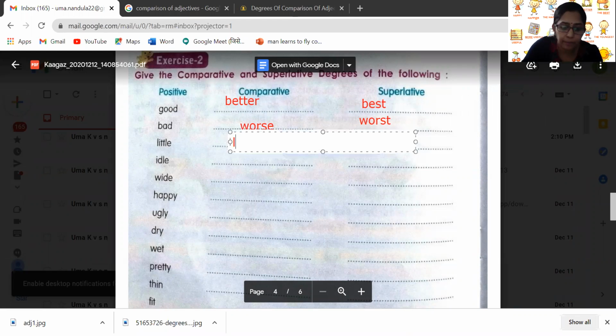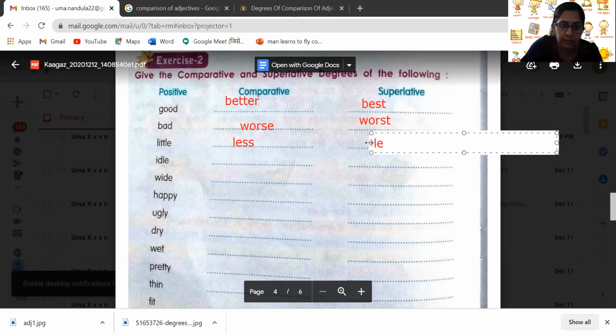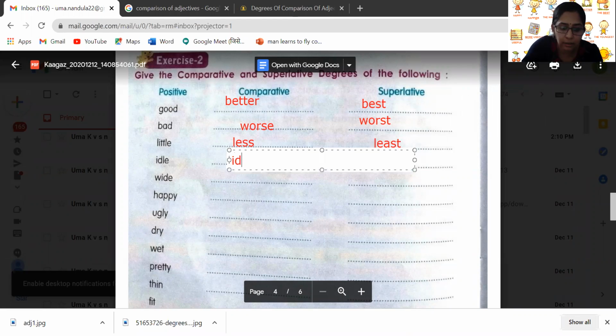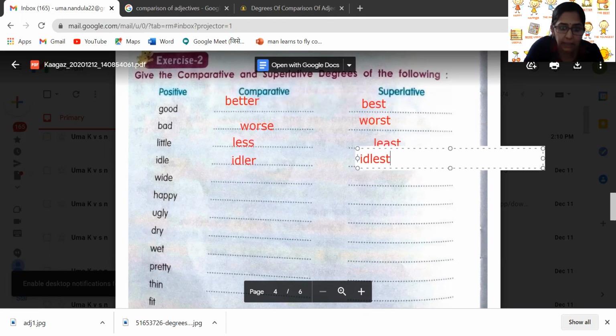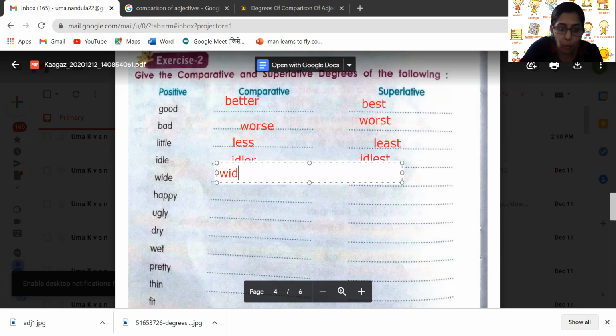Little, less, least. Idle, idler, idlest. Okay. White, whiter, whitest.